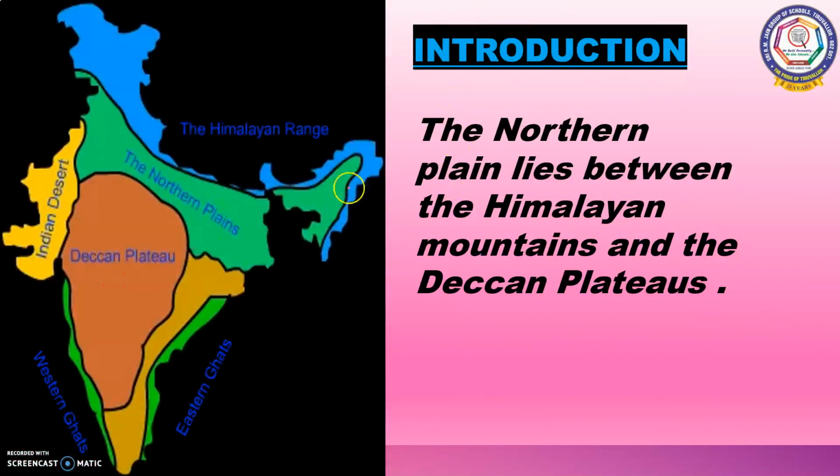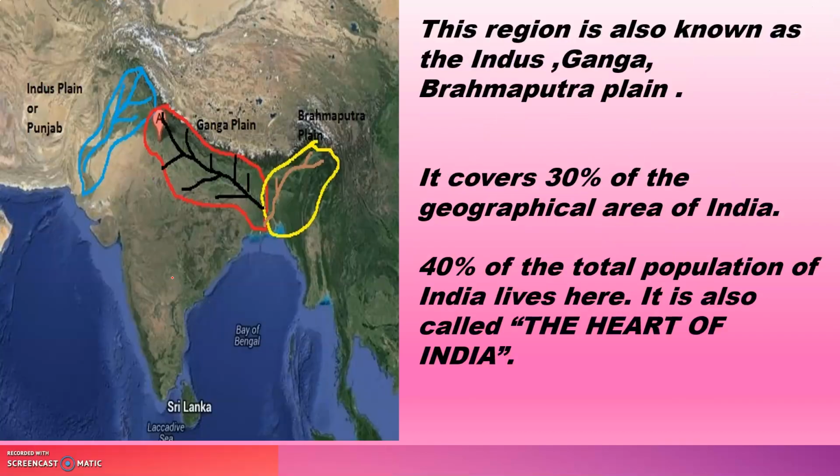The Northern Plains lie between the Himalayan mountains and the Deccan Plateau. This region is also known as the Indus, Ganga and Brahmaputra plain.